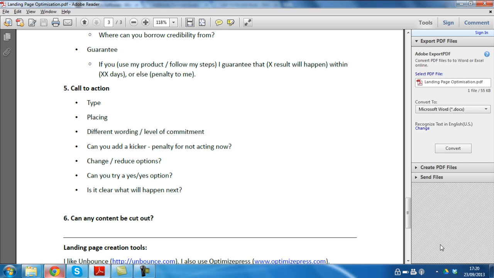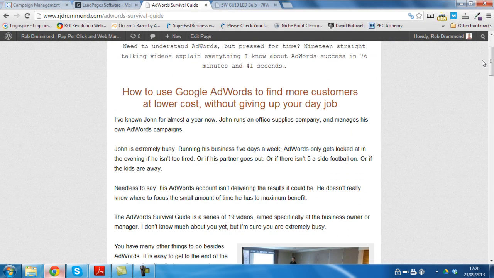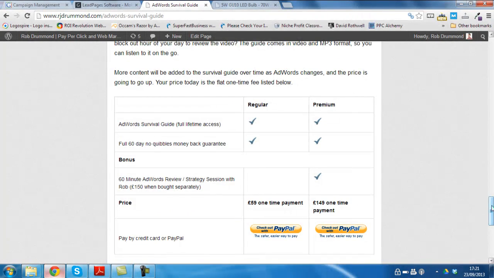You can also try something called a yes option. The yes option is something that I've borrowed from a chap called Sean D'Souza, and it works like this. If I come over to the sales page as it is at the moment for the AdWords Survival Guide, then what I have at the call to action is, instead of a yes or no, two choices.